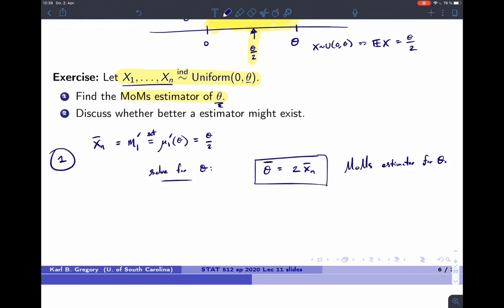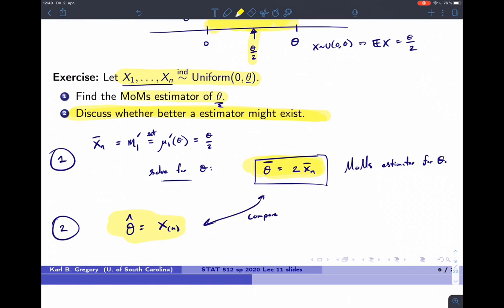So that was number 1. We found it. That was not bad. Number 2, discuss whether a better estimator might exist. We've had a lot of discussions about this particular situation. I think we've looked at the estimator which takes the largest order statistic, and we have compared that estimator to this one already in the past.